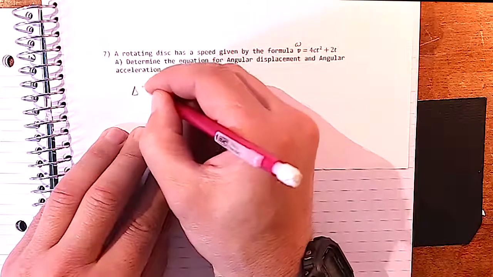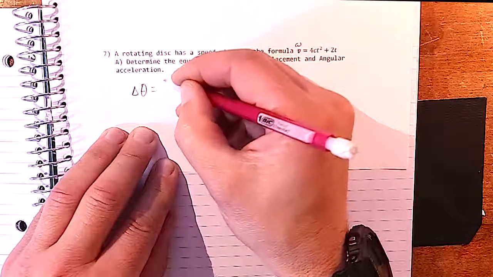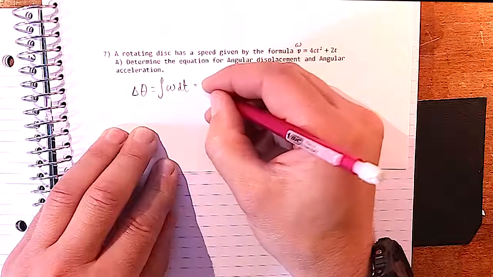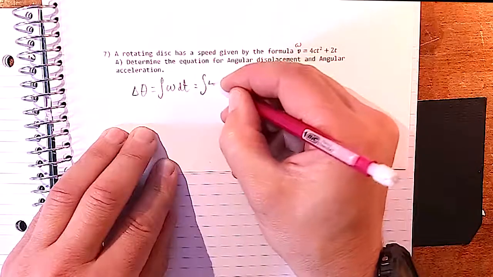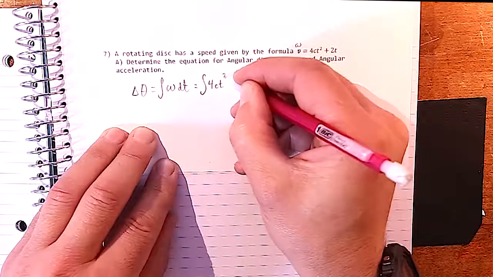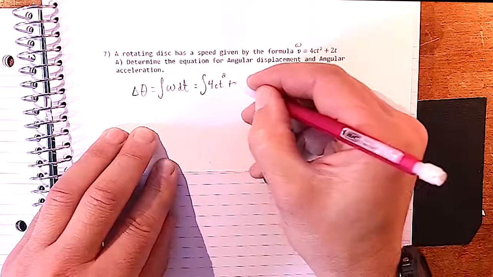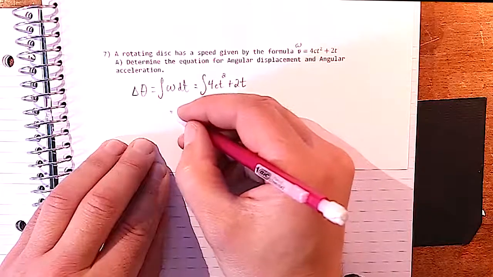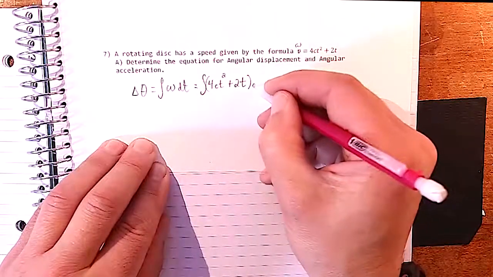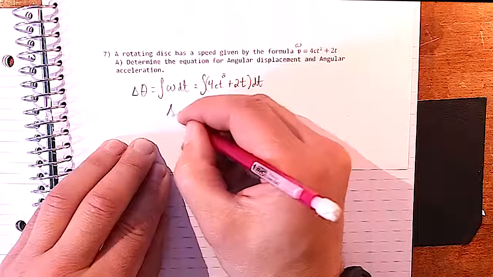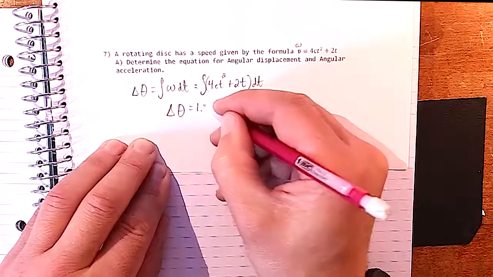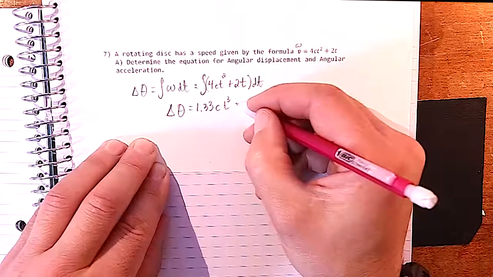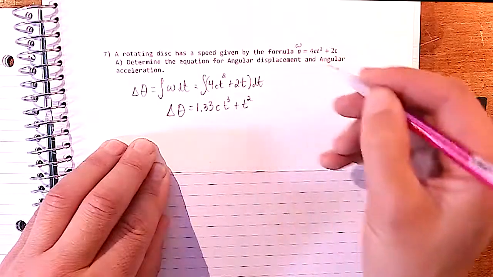And what is that going to be? Well, that's going to be the integral of angular velocity. So we're going to do the integral of 4ct squared plus 2t dt. And that is going to come out to 1.33 ct cubed plus t squared.